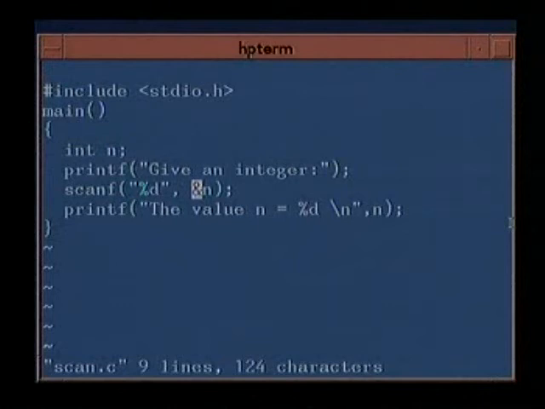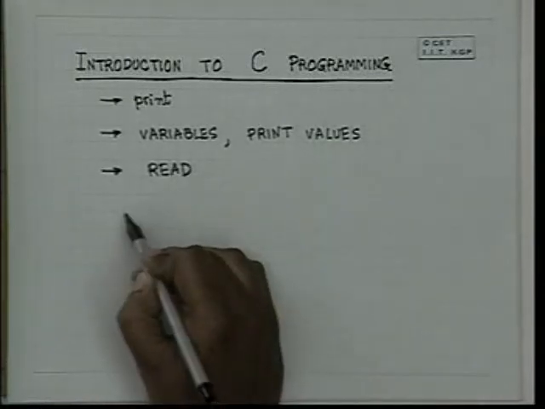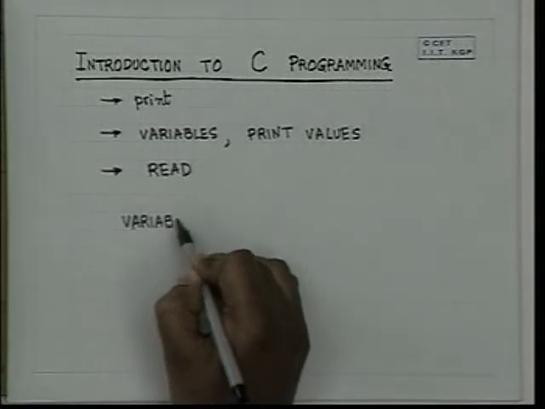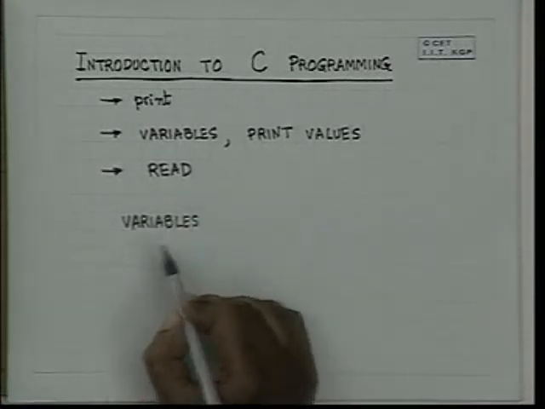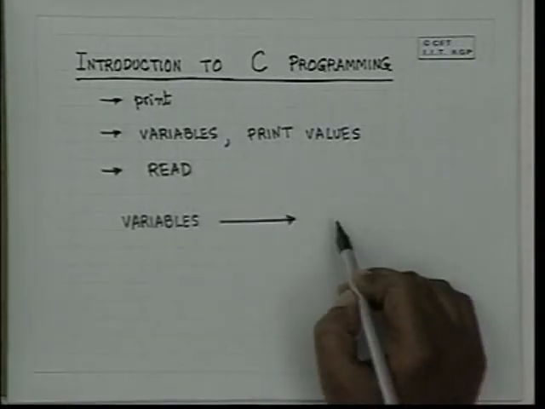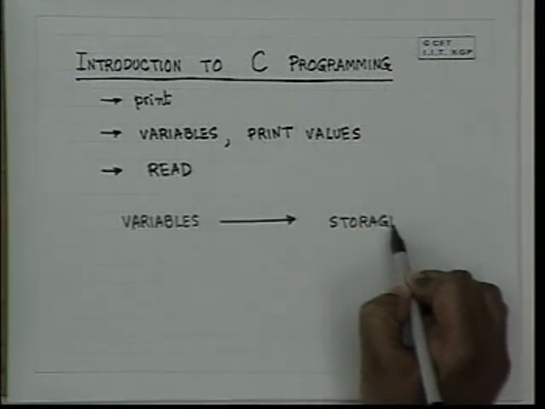Now let us understand this a bit better before we proceed further. In the computer, variables are stored finally. If you have variables, after compilation, during execution, they are storage locations in the memory of the CPU.